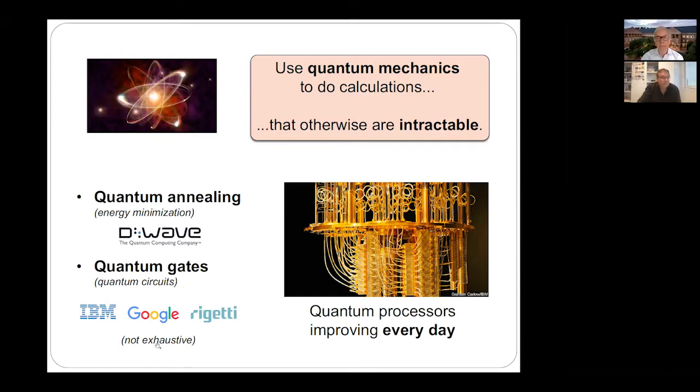And well, the list here is not exhaustive. There are by now many more companies doing quantum hardware. Now, the important thing here is that this quantum hardware is improving every day. It means that right now we can start doing things, proofs of concept and so on. But the prospect is that this is going to get better, and people need to start getting prepared for what is coming.